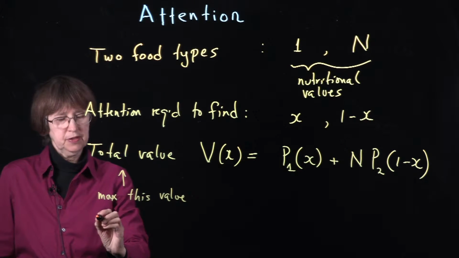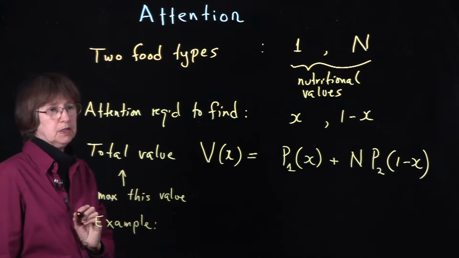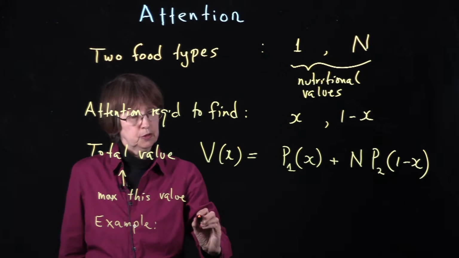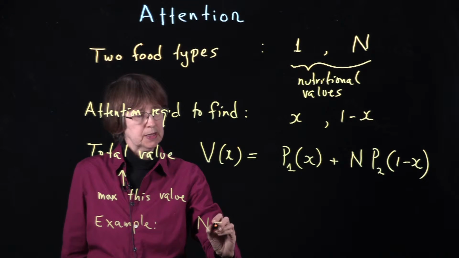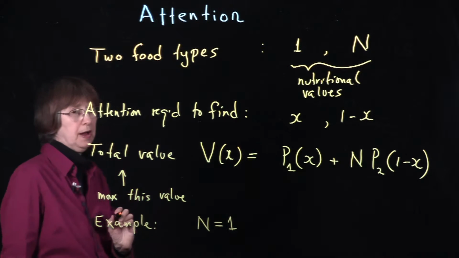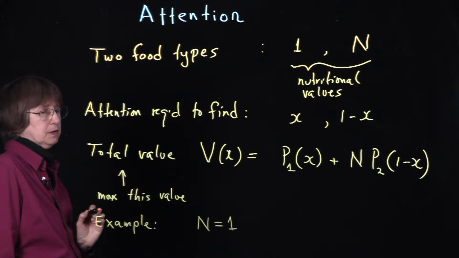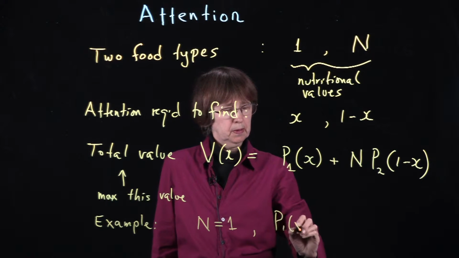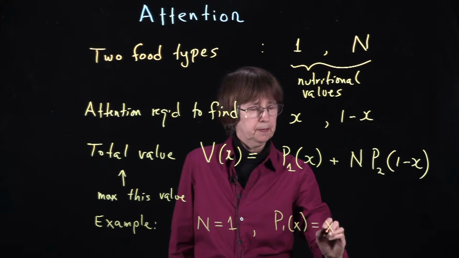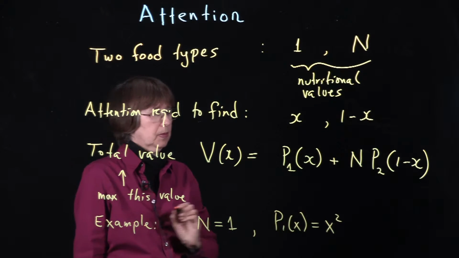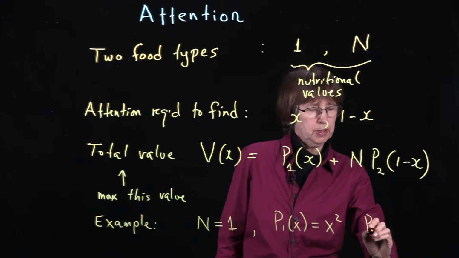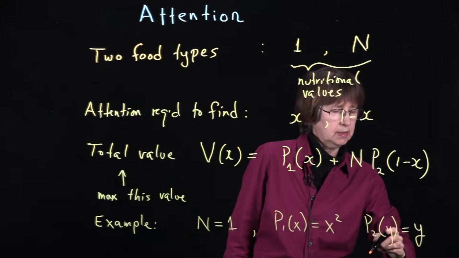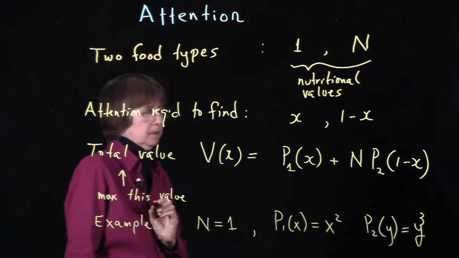We're going to take a specific example just to illustrate the general ideas. In that example, we're going to choose both food types to have the same exact nutritional value, so n and 1 are identical. We're going to take functions p1, which is simply x squared, and we'll take a function p2, which takes its argument and cubes it.